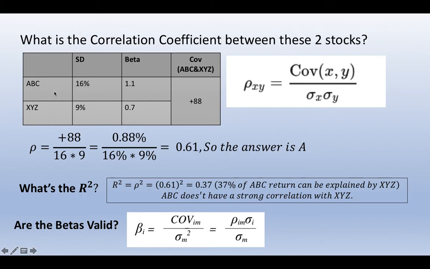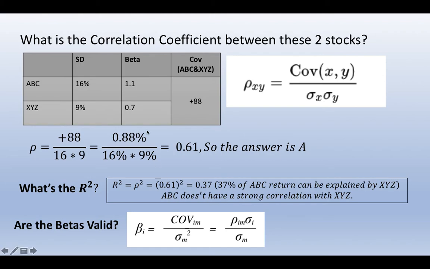Let's say ABC's beta 1.1 is calculated by the covariance of the ABC stock and the market divided by the stock market standard deviation squared. It can also be calculated by the correlation coefficient of ABC and the stock market, times ABC standard deviation divided by the stock market standard deviation.